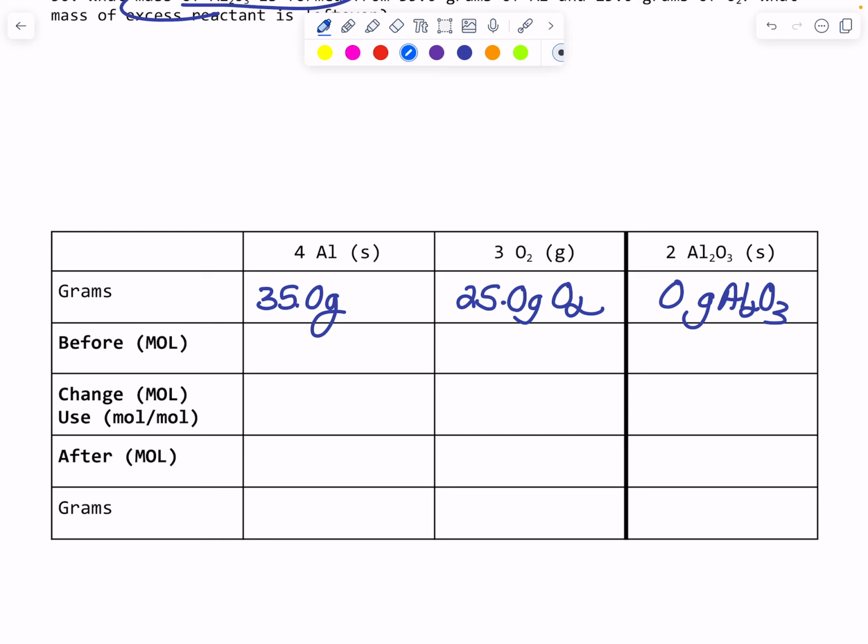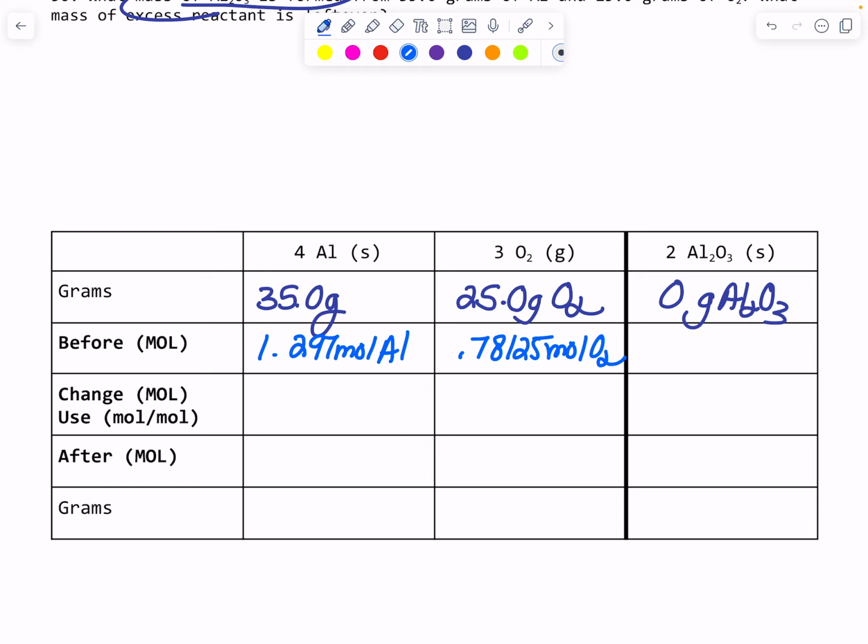So again, I would convert these to moles, 1.297 moles of aluminum to start with, and 0.78125 moles of oxygen to start with.